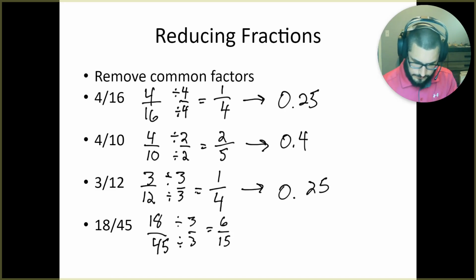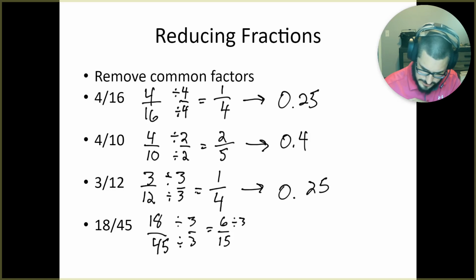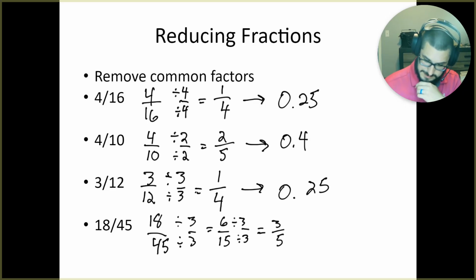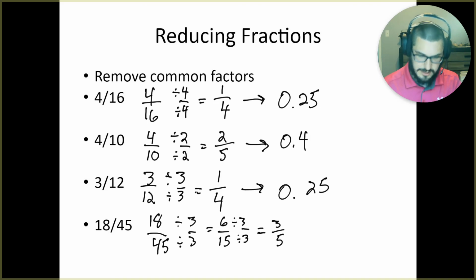And then once I do that, that's where it triggers, oh, okay, 6 and 15, I can divide both of those by 3 again. So I'm not quite done yet. Divide by 3 and divide by 3. That gives me 3/5.